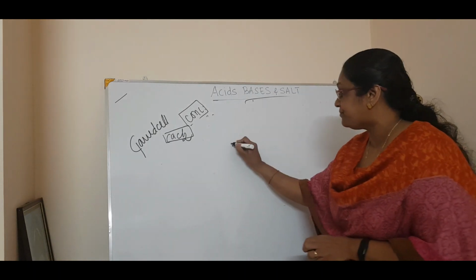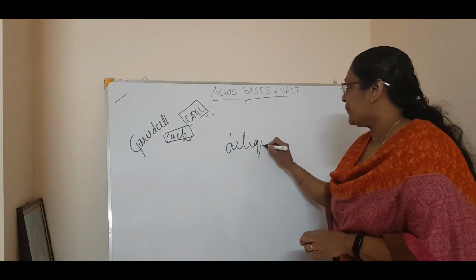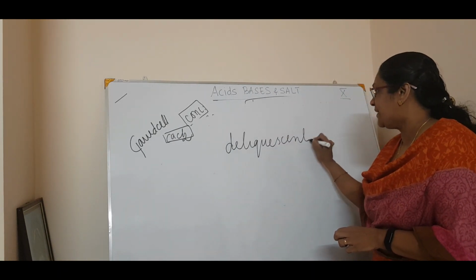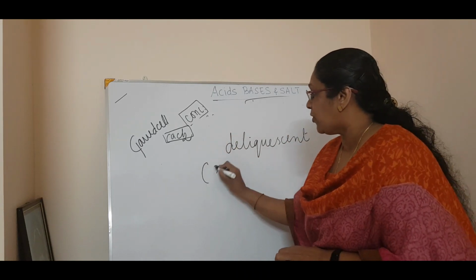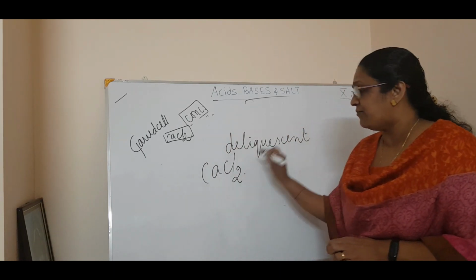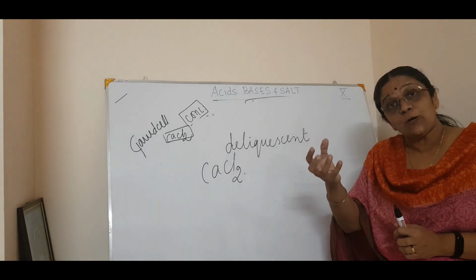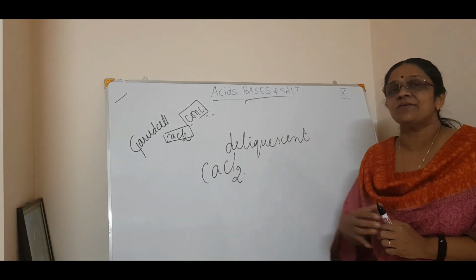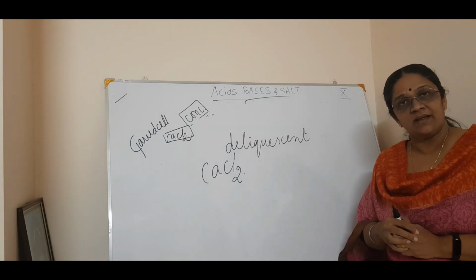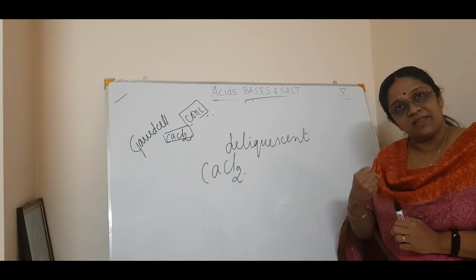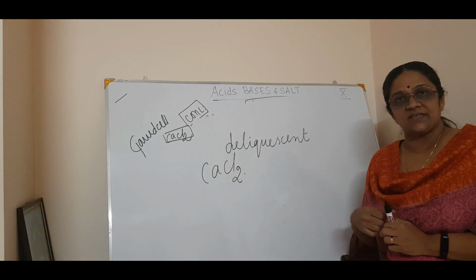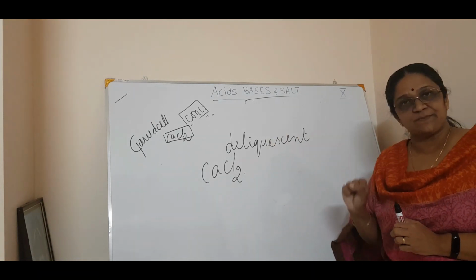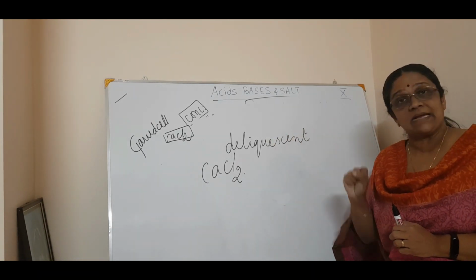Deliquescent means calcium chloride absorbs the moisture, and dry HCl gas is passed into it. Correct? It absorbs the moisture, then dry HCl gas is passed into it. Therefore, you can get the experiment correctly.